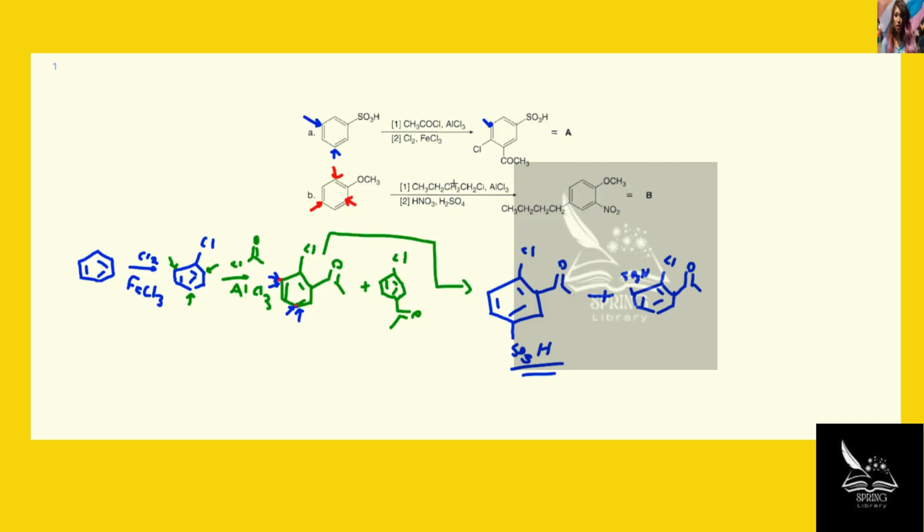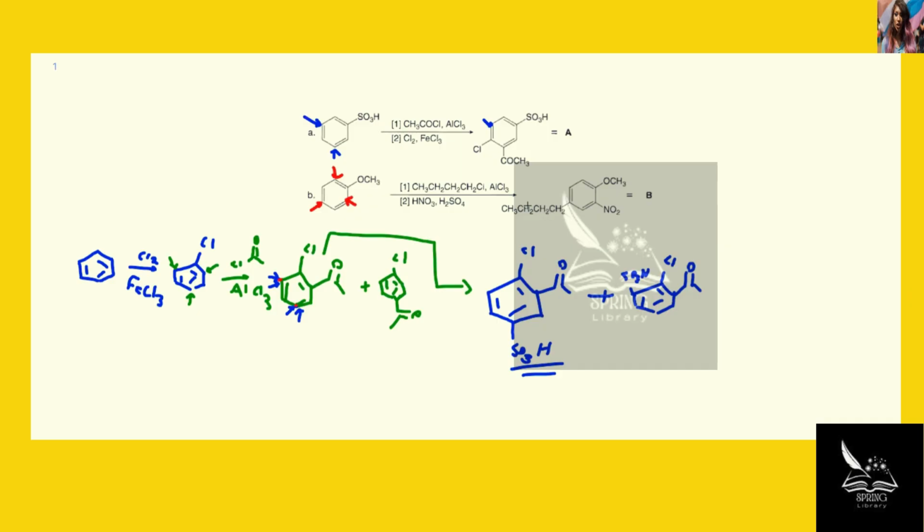Now the issue with this Friedel-Crafts alkylation is that the alkyl group is on a primary alkyl halide, so we would essentially form a primary carbocation. But what we know from past chapters is that primary carbocations are highly unstable. So there's going to be a 1,2 hydride shift to form a secondary carbocation, and then you would get a butyl group introduced as a side chain.